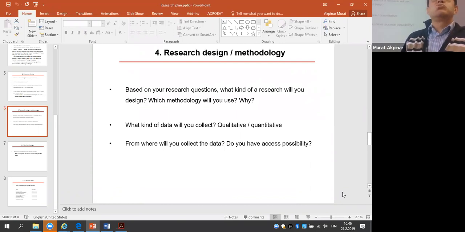Then you will be using a statistics package. Here at school, we have SPSS. You may have in some of your courses used it. And you will be analyzing that data using a statistics package. So you will be doing quantitative data analysis.